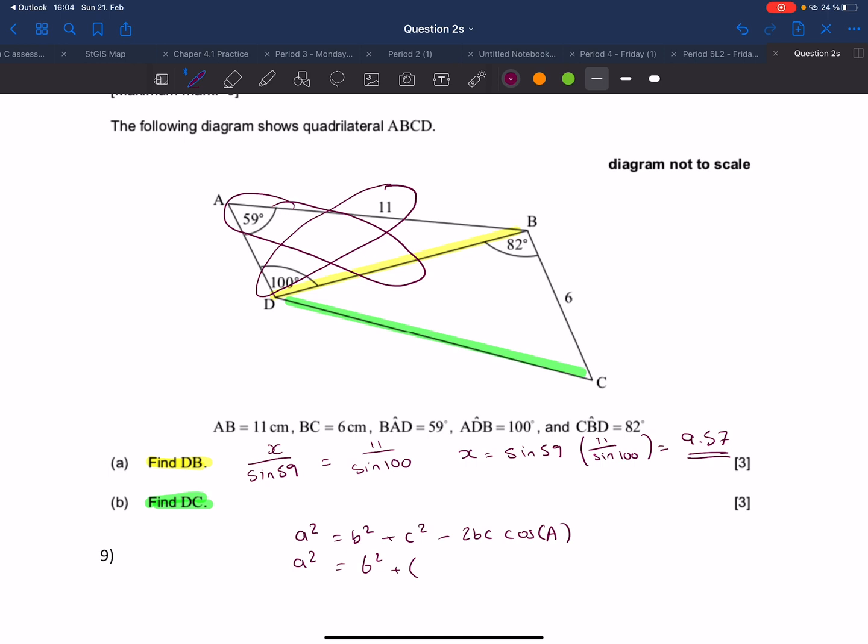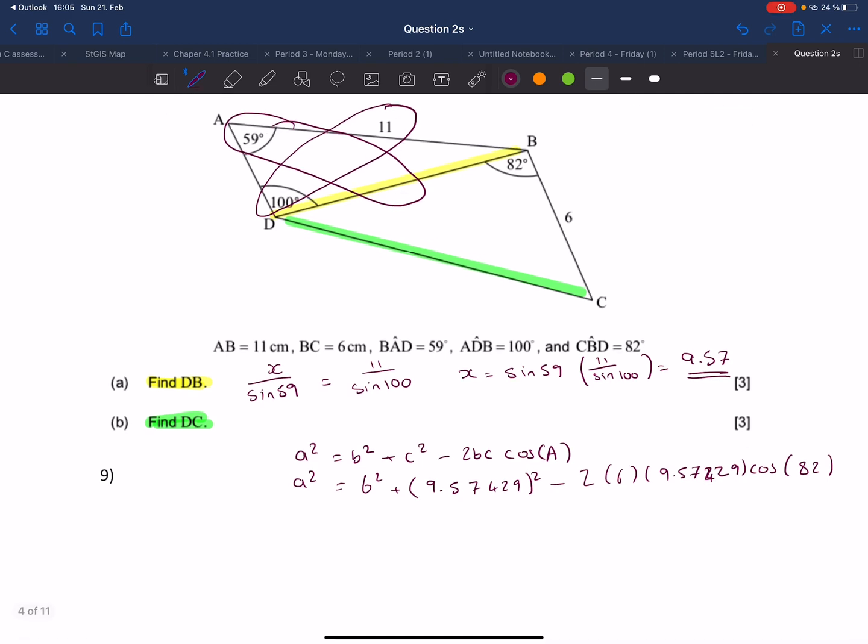So that's going to be about 9.57429 squared minus 2 times 6 times 9.57429 times cos of 82.